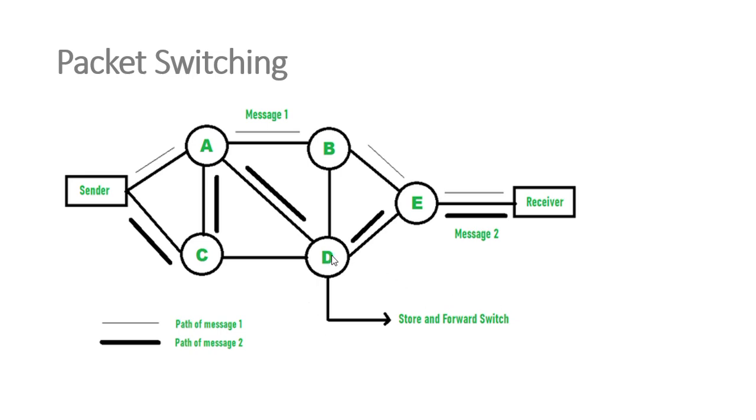In this technique, the messages can be stored in between and then sent. See, this message is sent to A first, stored, then sent to B and then sent to E. Each time it is storing and sending. Here also messages are stored at this point and sent to the receiver. So this is message 1 and 2. This technique we call a store and forward switch. In between, it uses a switch so that messages can be stored and sent.